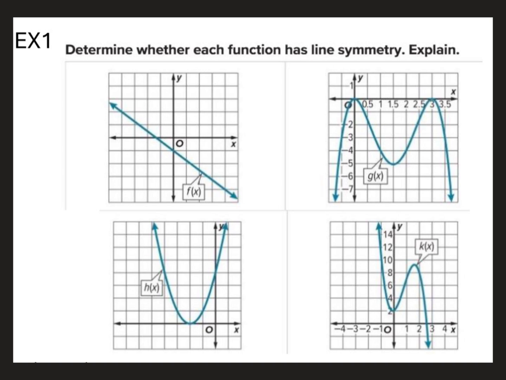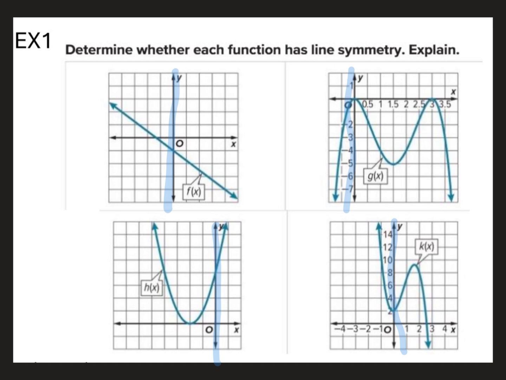Let's look at some graphs. We want to decide if this graph has line symmetry, either in the y-axis or some other vertical line. So let's look through here and see if these graphs have symmetry in the y-axis.